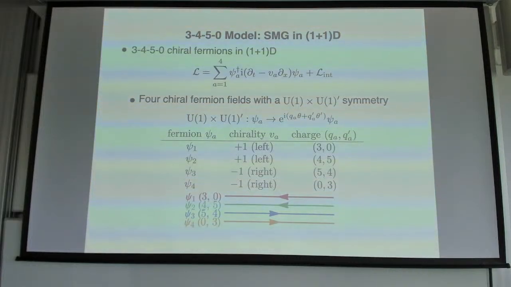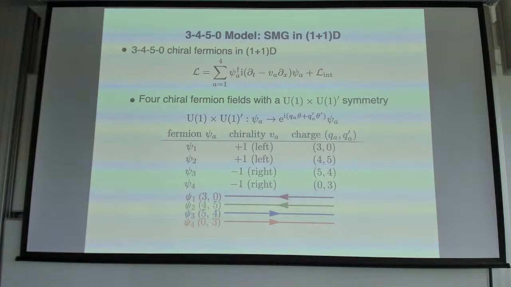So okay, that's why I want to mention this example. This example is basically a playground to show this connection between the anomaly-free condition and the gapping condition. This model is a 1 plus 1D fermion model, which has a weird name: 3450 chiral fermions. It basically has 4 chiral fermions.